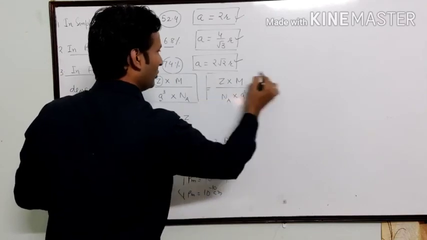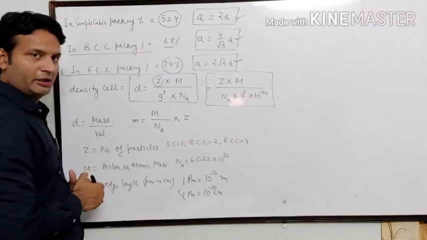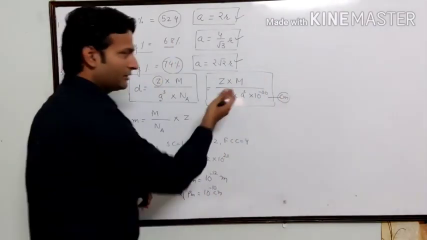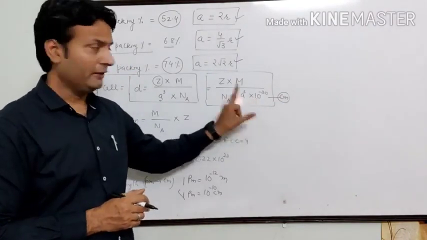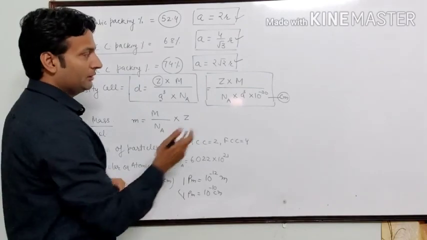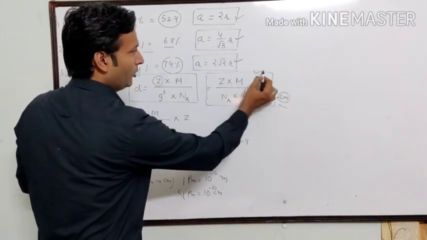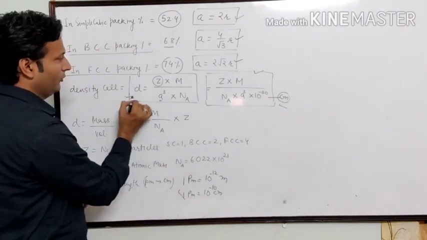It means in this formula I have already converted picometer into centimeter. It means if in the numerical the edge length is given in centimeter instead of picometer, then you have to use this formula. If again, listen, if the edge length is given in centimeter, we have to use this formula. And if in picometer, we have to use this formula.